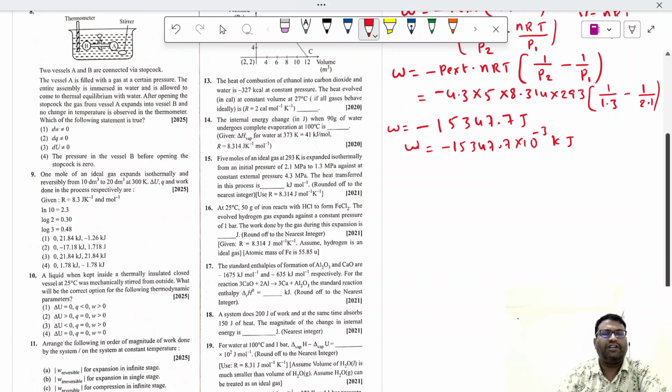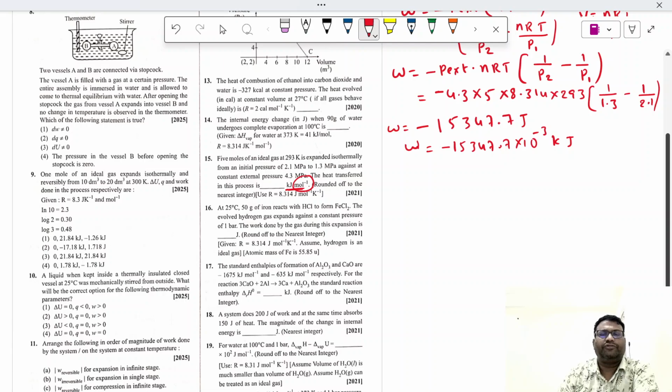Why are we converting into kilojoule? Because the question asked is in kilojoules and it is asked per mole. We have calculated it for 5 moles.